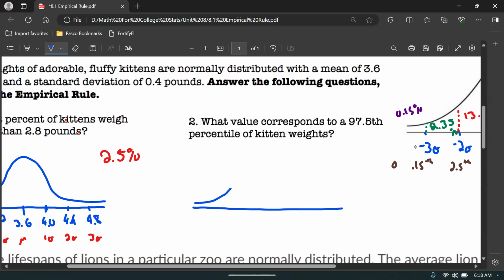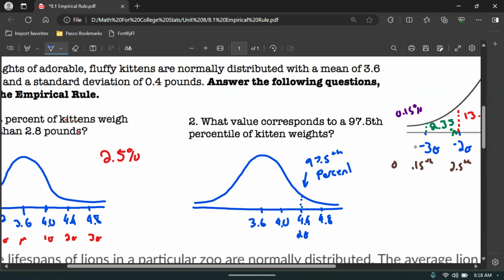I'm just going to redraw the graph here just to label it. 4.4 pounds.